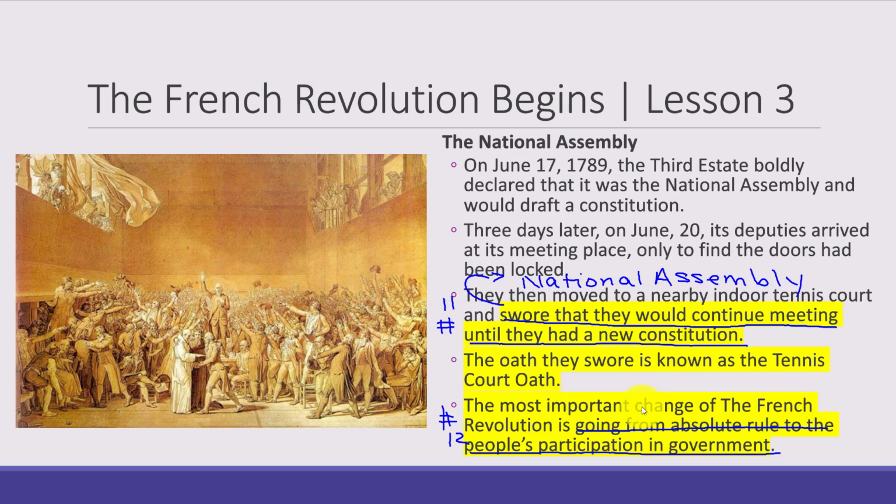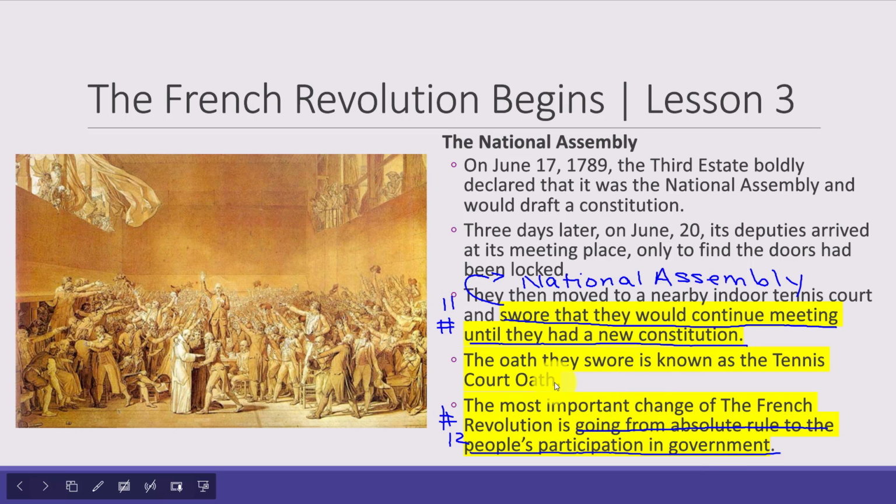Okay, and this oath was that they would continue meeting in that same area to draft a new constitution for the people of France. Okay, and that oath was known as the Tennis Court Oath, as you see here.